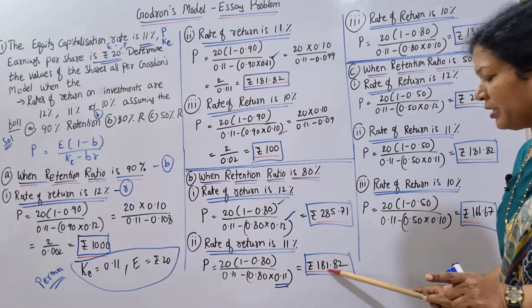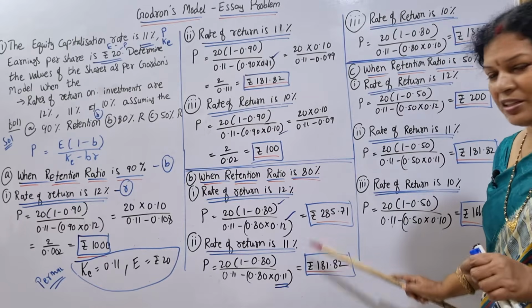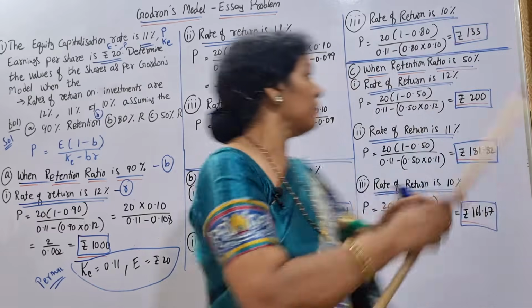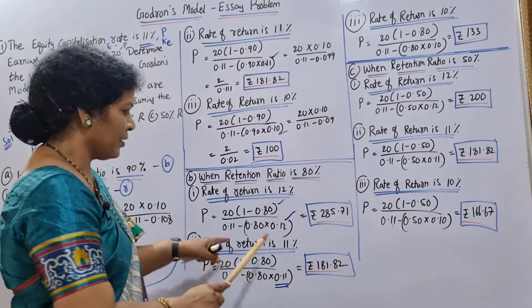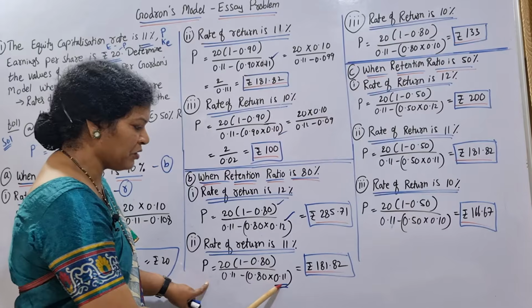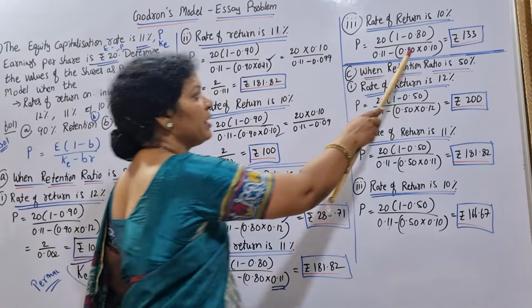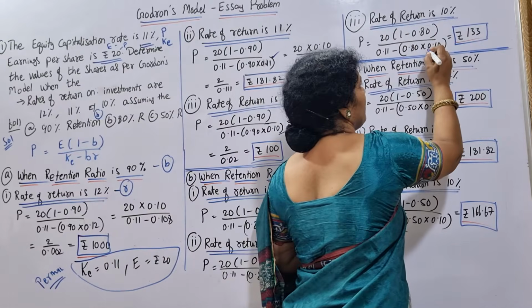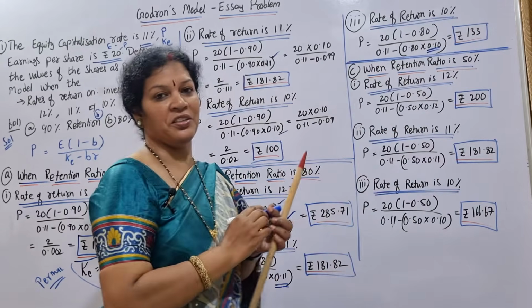If you calculate, you are getting 181.82, so it is decreasing. In the same fashion, when the rate of return is 10%, in place of 0.11 we'll keep 0.10. This only we are changing.